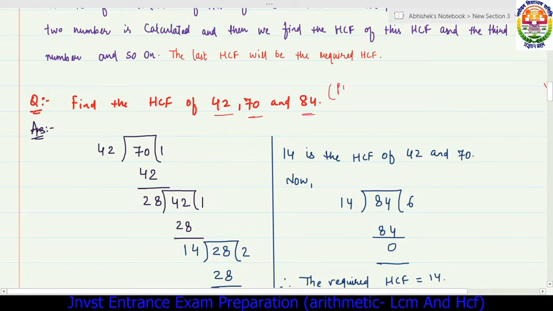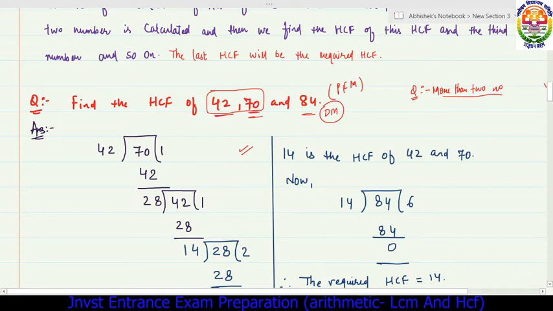I have the prime factorization method also, but if the question says solve the HCF by the division method, we write it this way. If a question has more than two numbers, we will first consider two numbers. We first solve the HCF of the first two numbers, and after that we find the HCF of the third number with the HCF of the first two. Is it clear? Take an example.